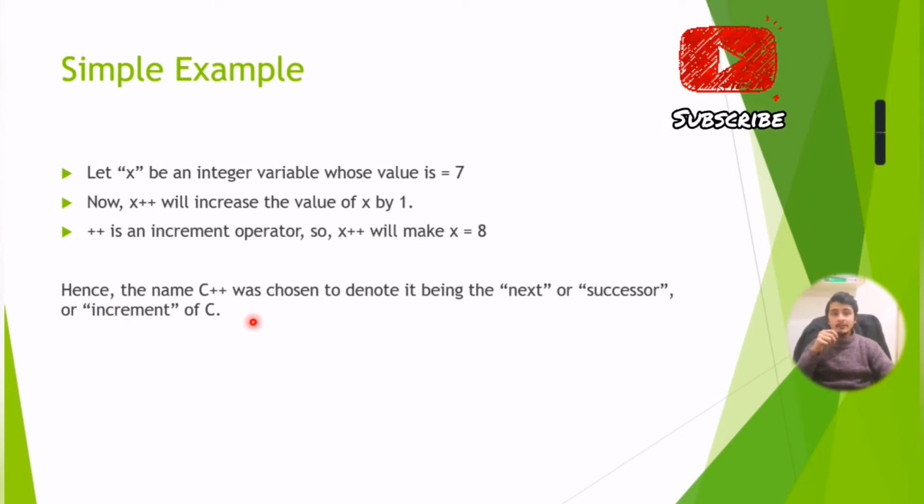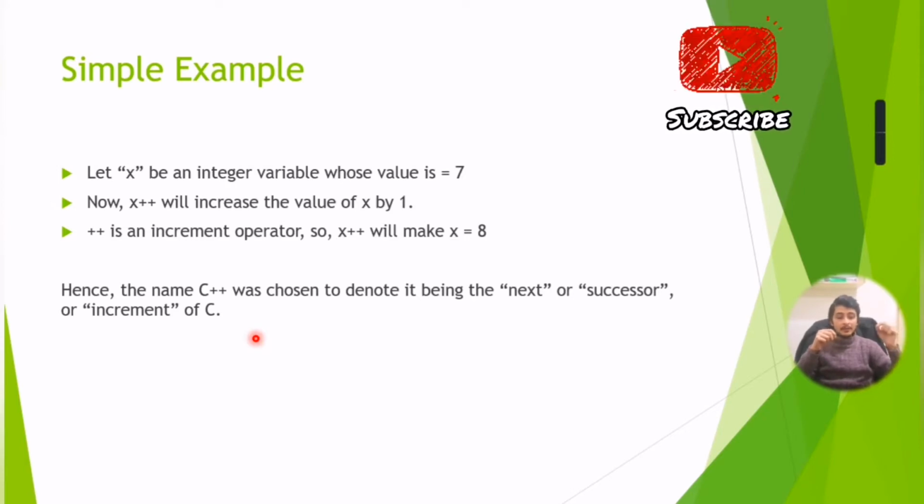Hence the name C++ was chosen to denote it being the next, successor, or increment of C. I have told you about C in my previous lecture. Why it is called C++ is that as we add to a variable, it increases or improves its value. In the same way, when we add ++ to C, it means it's a better C, the successor of C, or next to C. Okay, you got it?